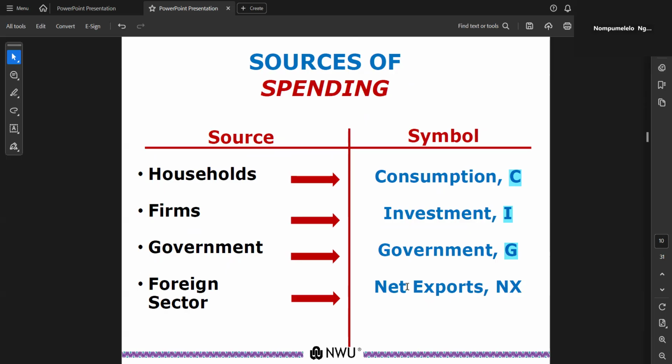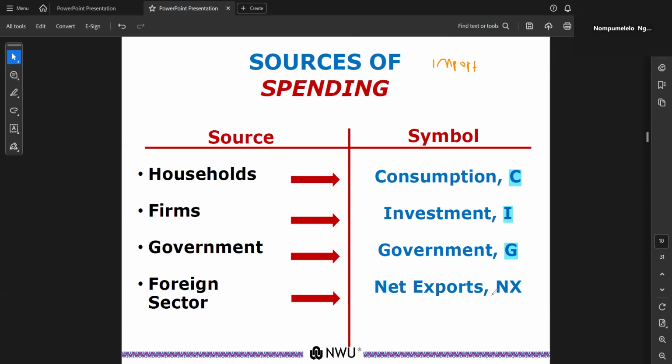To differentiate between exports and imports, this is how I differentiate. This is import and this is export.